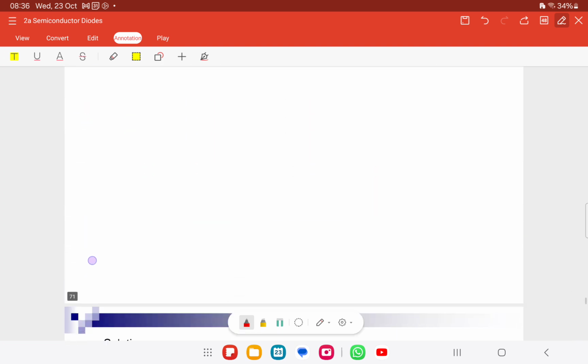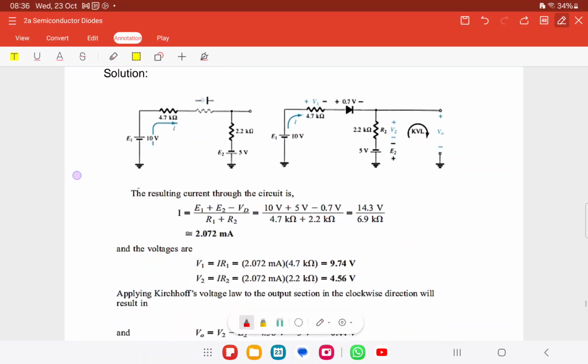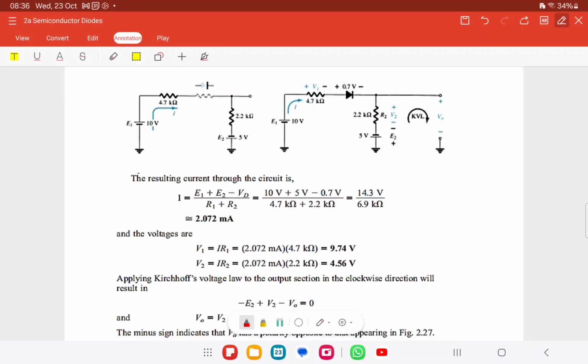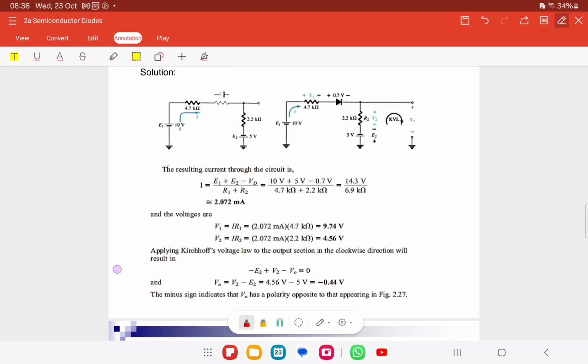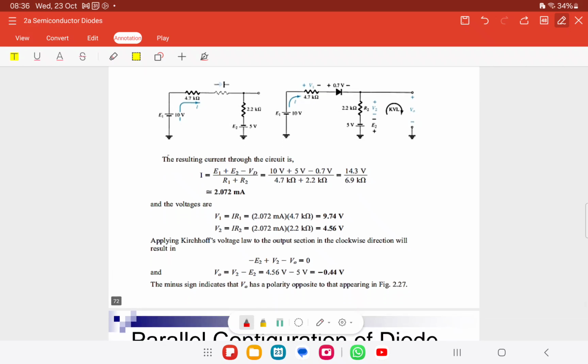Okay, this is the solution dia. Ni V out is V2 minus the voltage source tu.